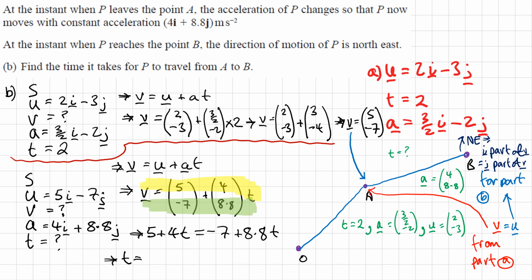So if I take 4t away from both sides first, we'll get 4.8t is equal to, and then I add 7 to both sides, so 4.8t is equal to 12. So t is going to be 12 divided by 4.8, which is 5/2, or 2.5. So it's going to take 2.5 seconds to move from A to B.